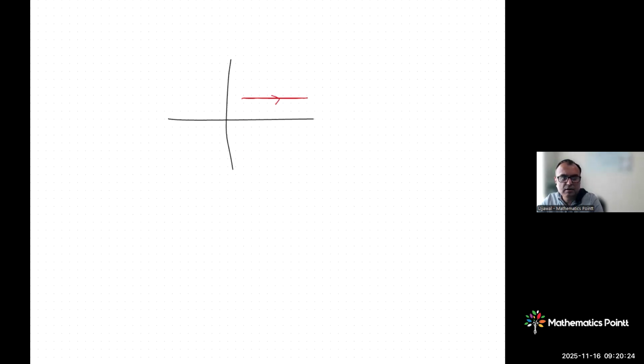Neither means my slope is 0. So remember, hear me out loud and clear: whenever the line that you're trying to find the slope of is parallel to the x-axis, which this is the x-axis, your slope is always 0.